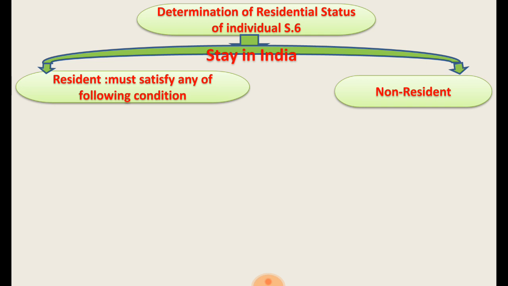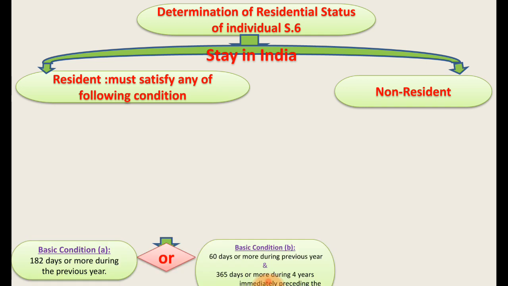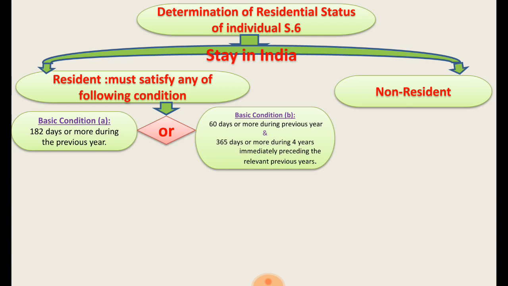So firstly we will see when a person is considered or decided as a resident. For that purpose, that individual must satisfy any of the following two conditions. If that person satisfies any of these two conditions, that person can be called a resident of India.